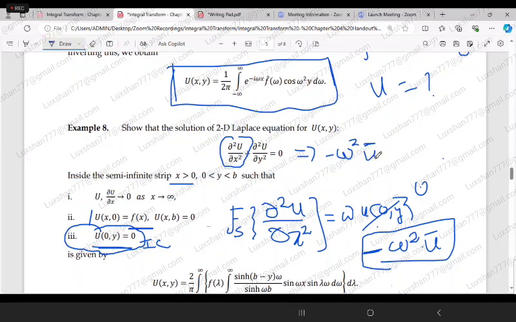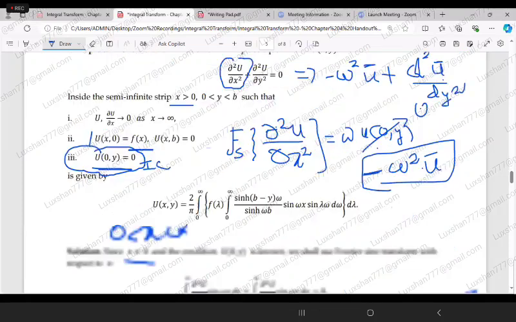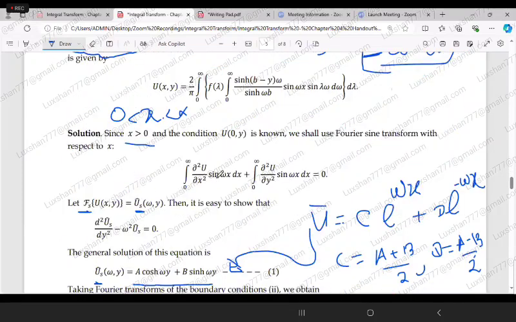And this is with respect to y, no? Therefore, that is nothing but the second derivative of u bar with respect to y squared equals 0. So that is how we got this equation.